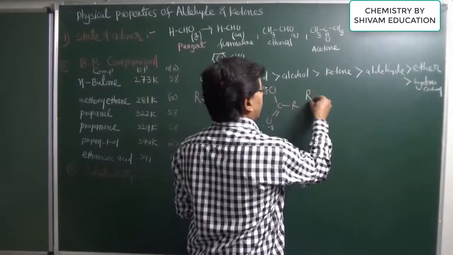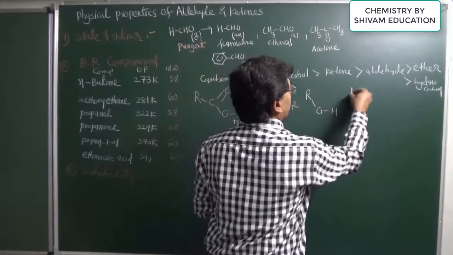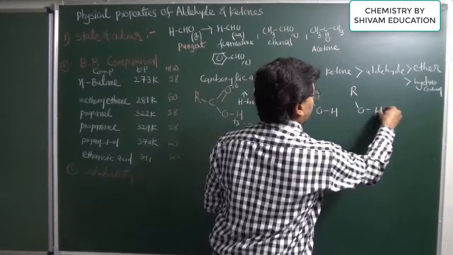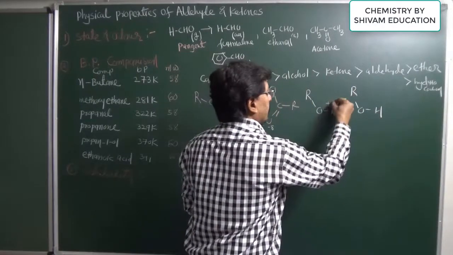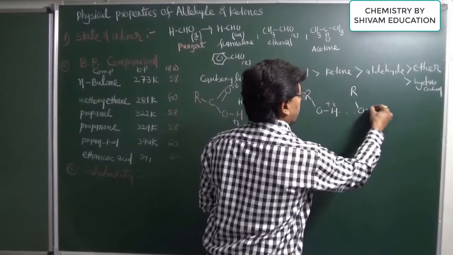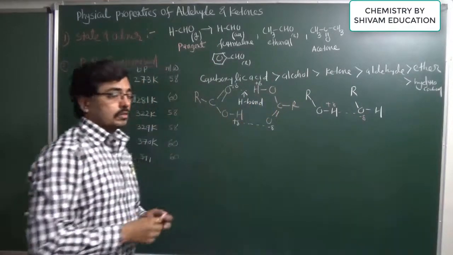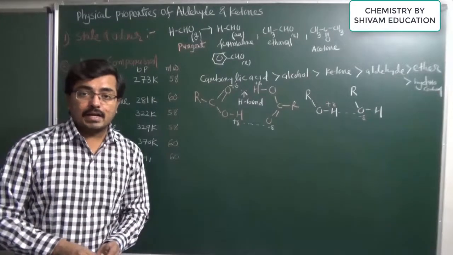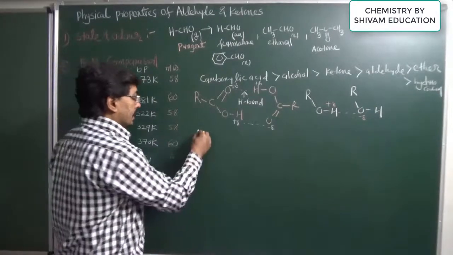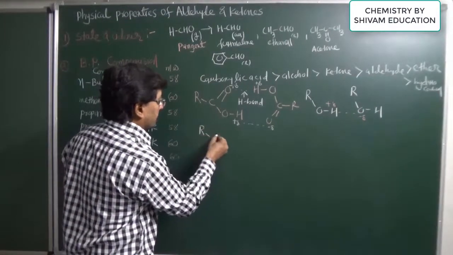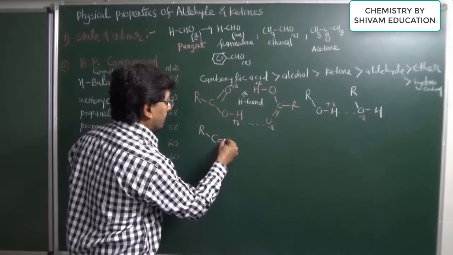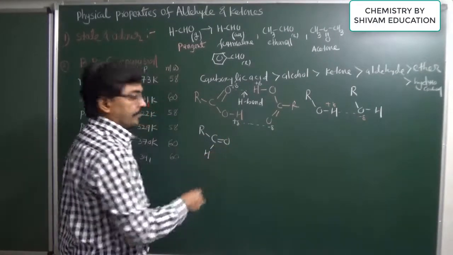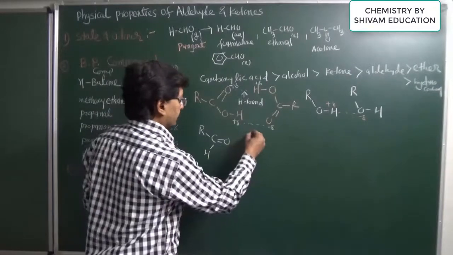When we take a molecule of alcohol, it also has hydrogen bonding. You know very well, you have studied in the alcohol chapter. So in alcohol also there will be the presence of hydrogen bond. But when we take an aldehyde or ketone molecule, there is no possibility of formation of hydrogen bond.